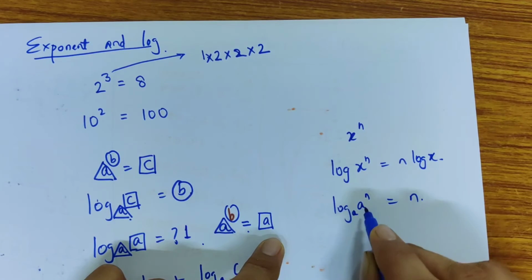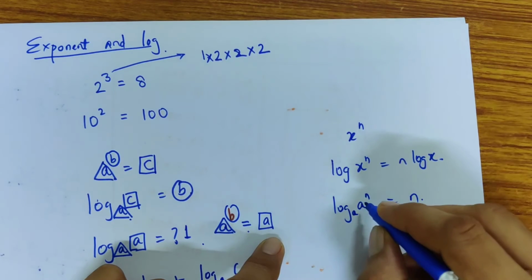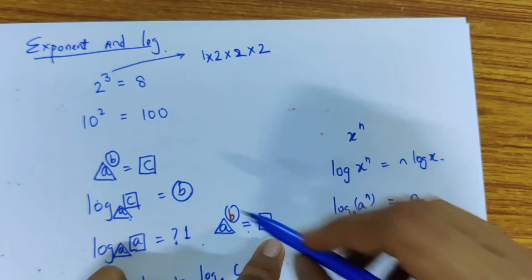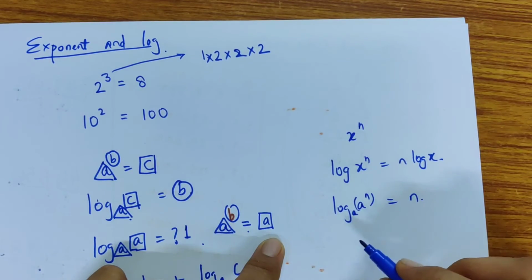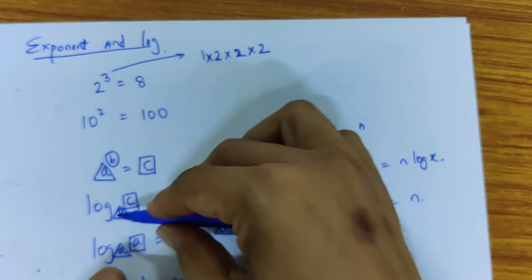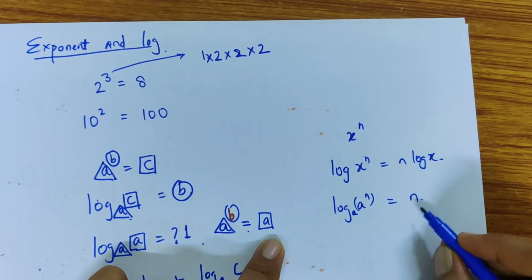But why is log of a power n equal to n? If log of a power n, like this one, was c, then the way to write it is log of c is the power of a. The power of a is n in this case.